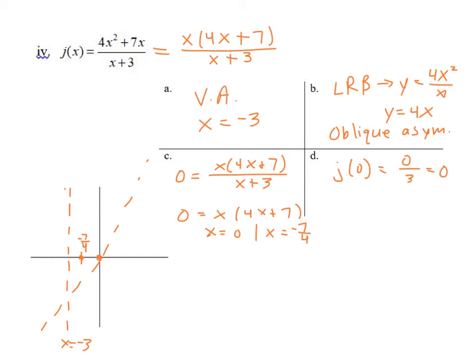But here's the deal. Functions are not allowed to cross vertical asymptotes because, of course, you're undefined there. But there is nothing wrong with having a function cross a horizontal or some other asymptote. All right, because you have to remember these asymptotes that are horizontal or oblique, remember they have to do with long run behavior.